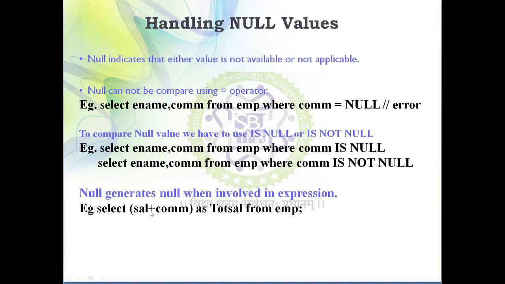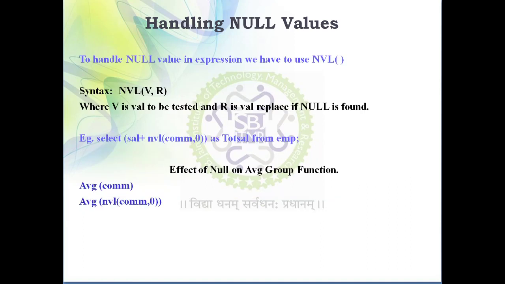Because salary is there, maybe they are getting some salary, but as their commission is null, and I told you that if you add, multiply, subtract or divide any value with null, you get null. That's why we require some mechanism to handle that null value. We want a mechanism which allows us to add this particular attribute value to null. So the solution is the use of the NVL function.